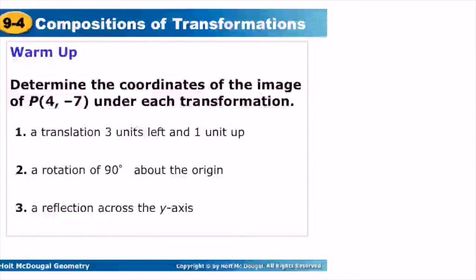So the first thing that you should notice is that you've got a translation. So when you're translating, it means that you're moving. So the vector in this case, since you're moving 3 units to the left and 1 unit up, your vector should be 3 units to the left and 1 unit vertically.